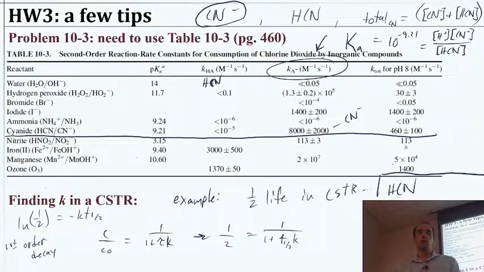So this is going to be in equilibrium with H plus and CN minus. So that would be just like water or just like HOCl dissociating and losing a proton. So you've seen things like this quite a bit. Does that answer your question?